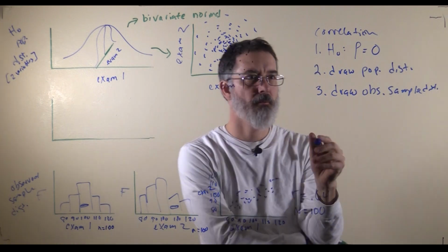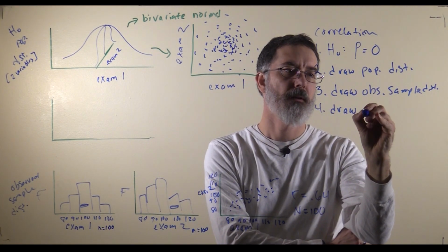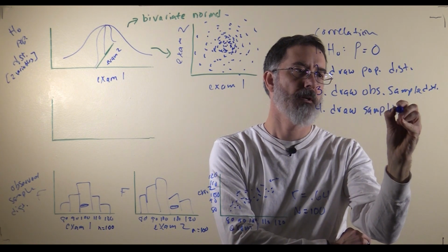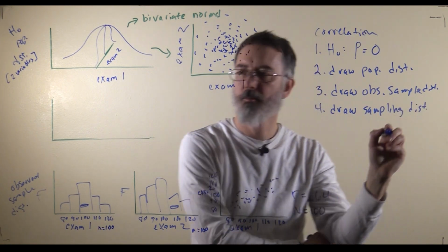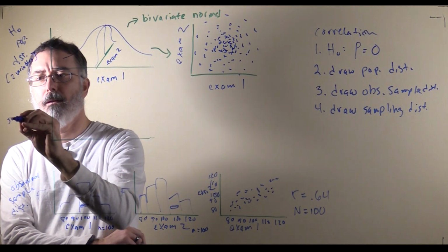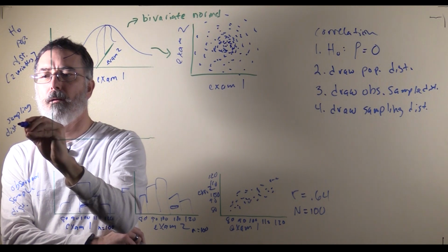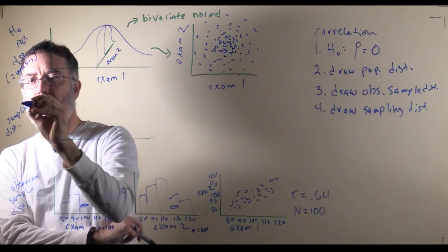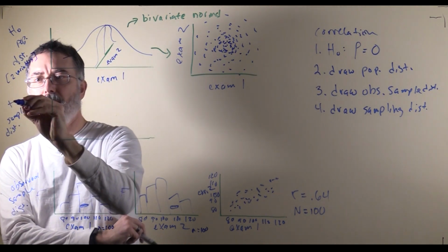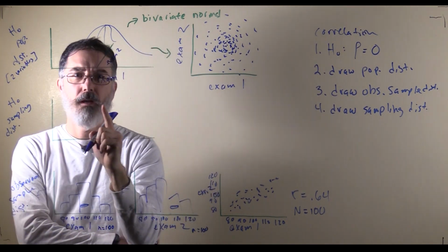So next we will draw the sampling distribution. So that's going to be here. And these are the kind of samples you expect due to random sampling if the null hypothesis is true.